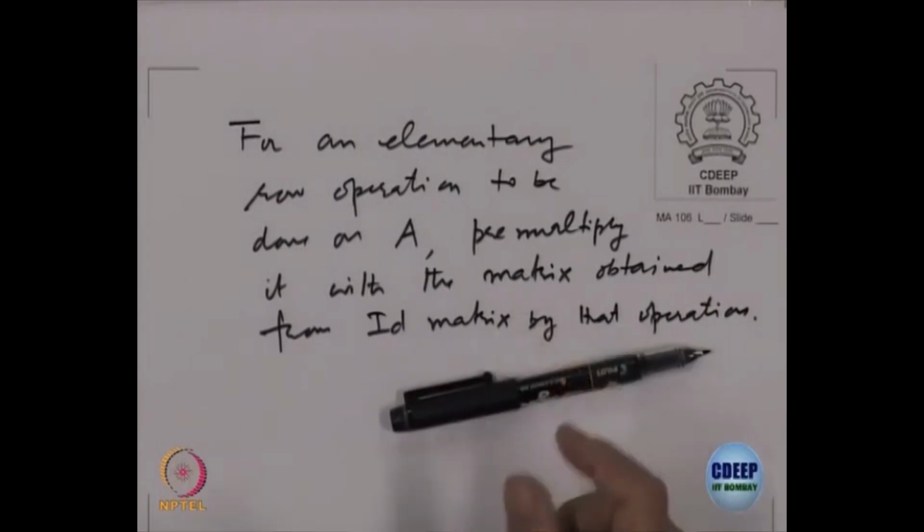So, what we are saying is, to give a command to a computer, how do I do that operation? Take the identity matrix. Whatever elementary row operation you want done on A, do it on the identity first, and you will get a matrix.